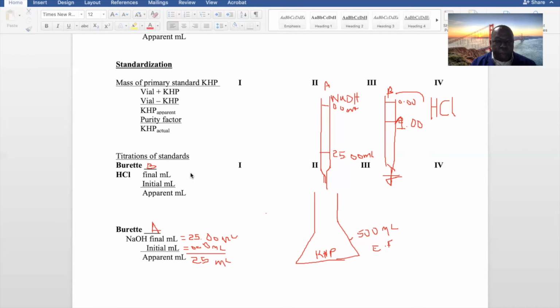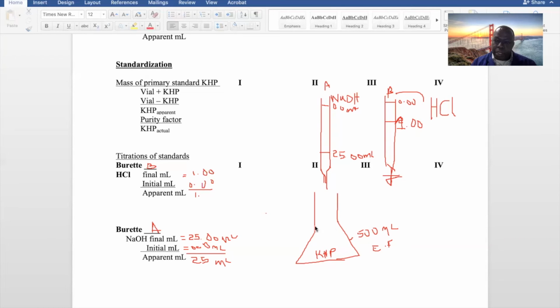So here I'll just say my final is 1.00, this is for trial one, and initially 0.00, and this is the apparent 1 ml. So I know the ml, all right? This 1 ml consumed the extra NaOH in the sample.